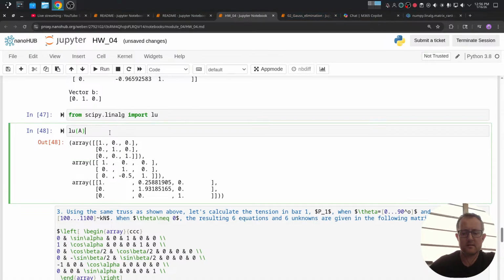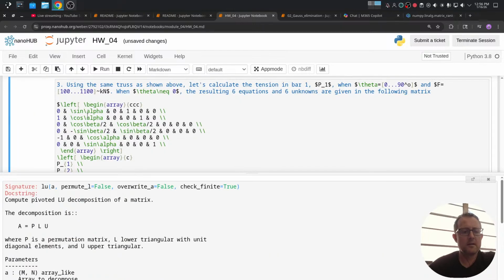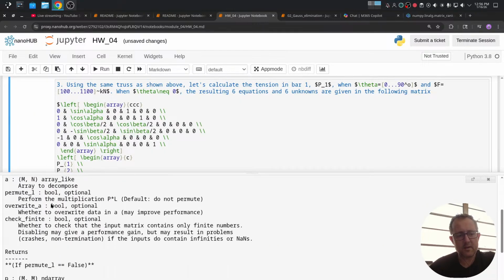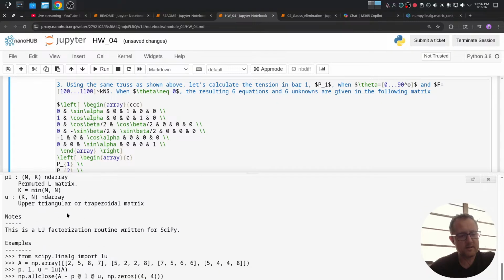And let's do this. Take a look at this one. So it's giving me this PLU decomposition. And it's not using it to solve it.